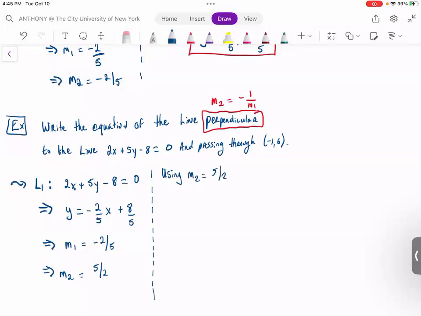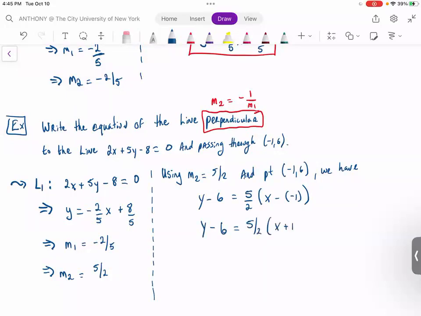Very good. Now that you have m2 = 5/2 and the point (-1, 6), we have y minus y1, which is 6, equals 5/2 times (x minus negative 1). But again, if you want to simplify the point-slope form, you combine any two negatives together. This gives us y - 6 = 5/2 (x + 1). That's your point-slope form.